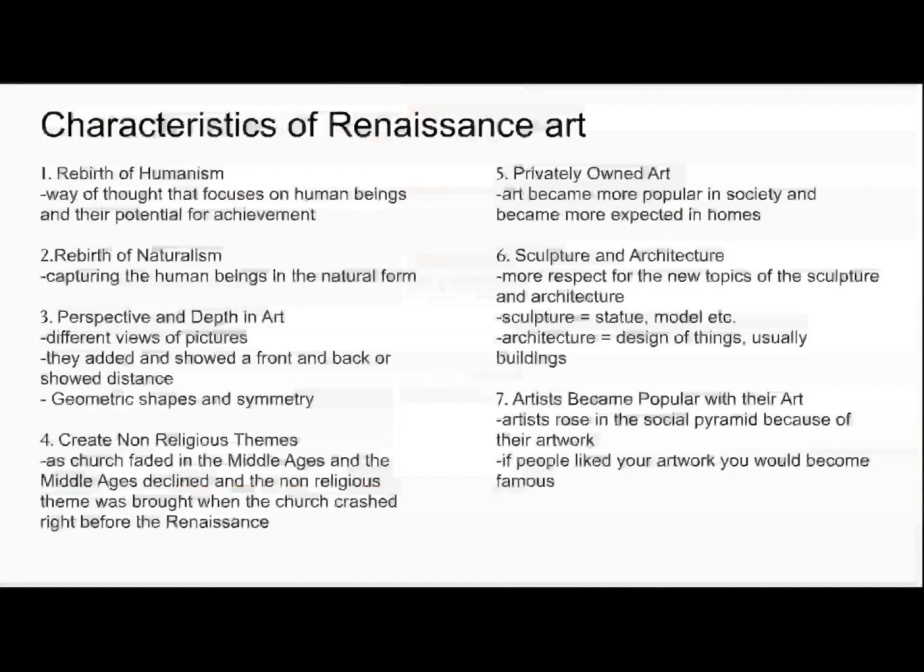You're also going to see some depth to these paintings. I already mentioned that. You'll see a bunch of geometric shapes as well. There's some symmetry in some of the art, so you can see how both sides are mirrored in some way, and how there's a vanishing line, some depth to the images.